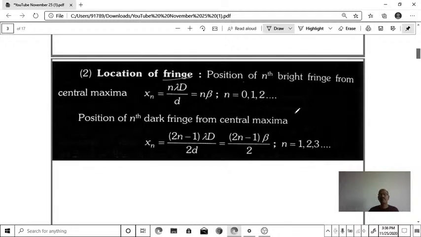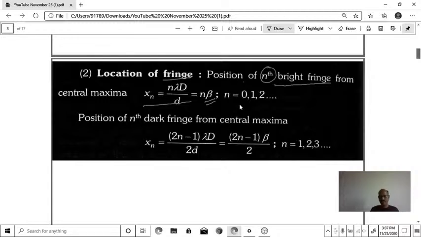First, if you want the position of the nth bright fringe, for example the 8th bright fringe or the 3rd bright fringe at point P from the central maxima, the formula is x_n equals n lambda D by small d. This lambda D by d is beta, the fringe width.